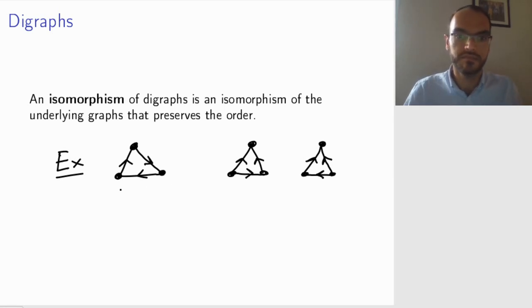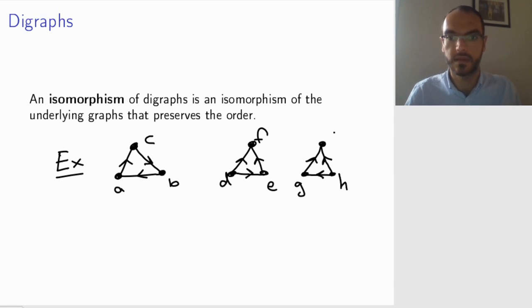Let's label the vertices. Now, which ones of these are isomorphic as digraphs?